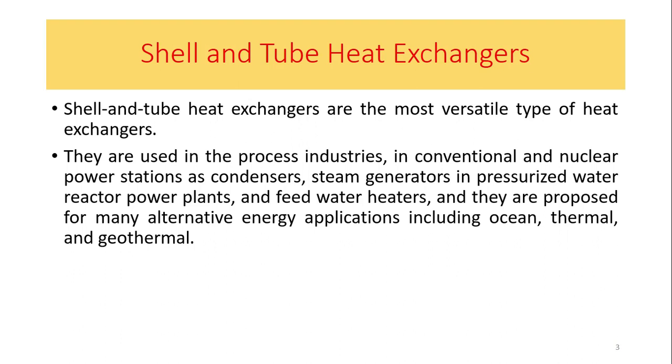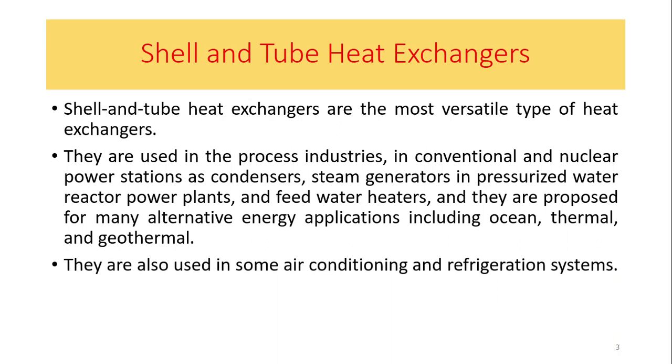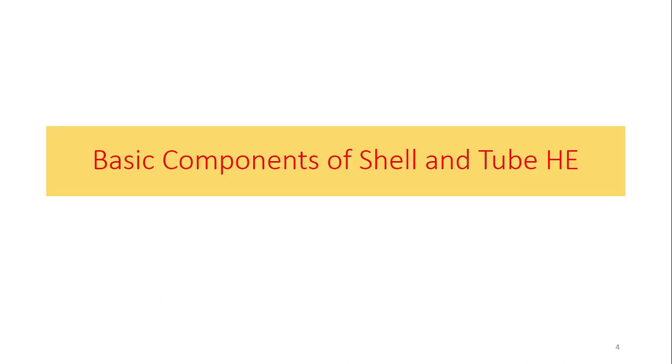So it has vast applications across the industries. They are also used in air conditioning and refrigeration systems. I will give you a few examples related to the shell and tube heat exchanger and their applications in air conditioning and refrigeration systems.